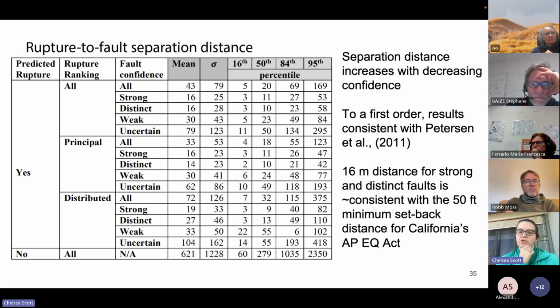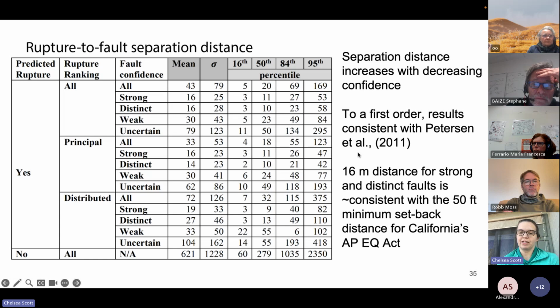To first order, the results that we see here are consistent with Petersen et al. 2011. Likely, this partially reflects the fact that our prediction criteria followed their numbers. But we also find that this is interesting given the fact that we used students to complete most of the maps and that we looked at varied location, climate, as well as fault type.